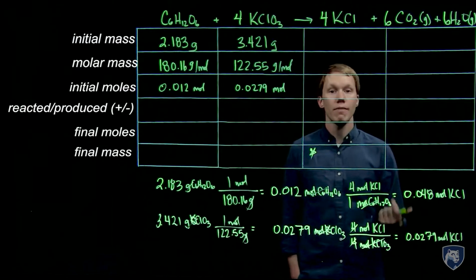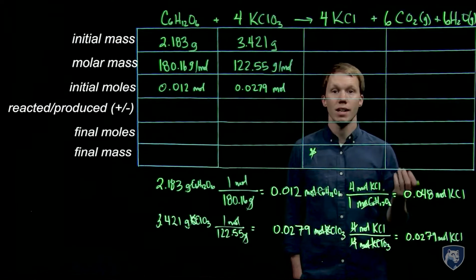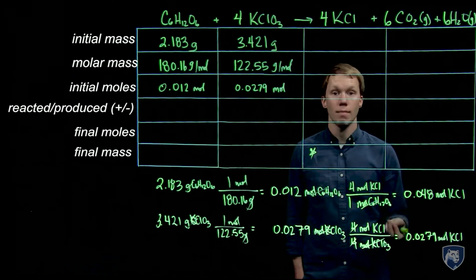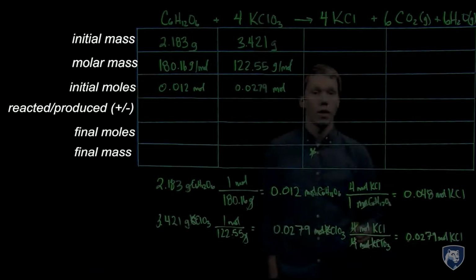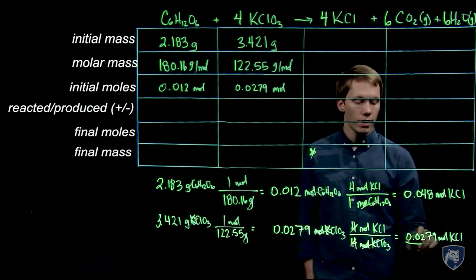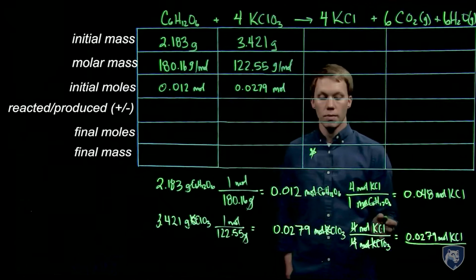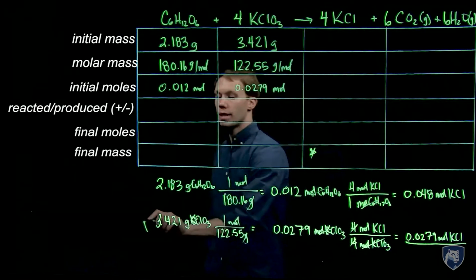Remembering the definition, the limiting reactant is the reactant that will be completely consumed and determines the amount of product that you can make. So I only have enough potassium chlorate to make this much KCl. And so the potassium chlorate then is my limiting reactant.